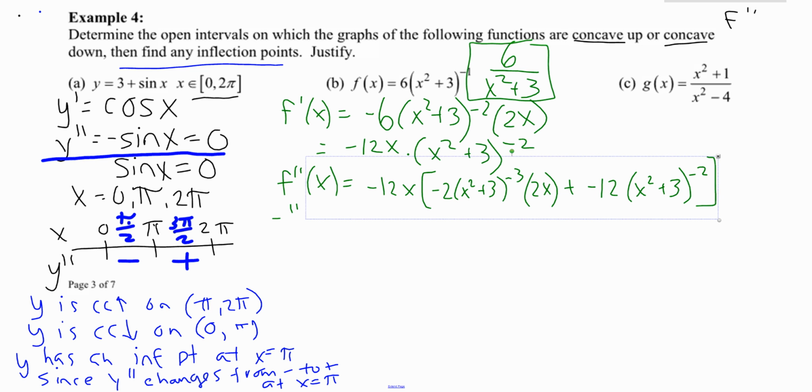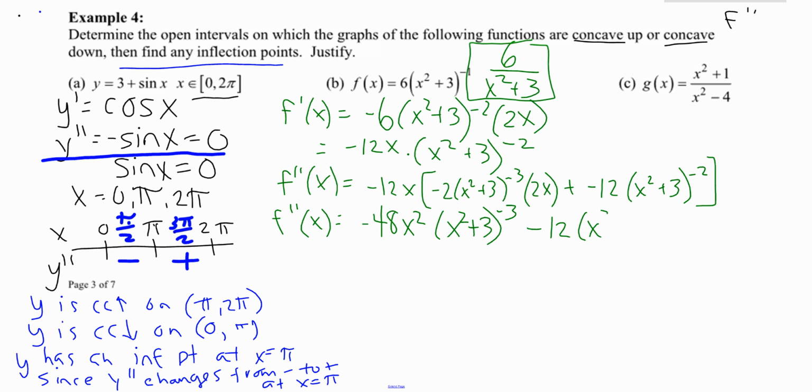Now let's clean this up a little. So we have negative, what's that, 48x squared times the quantity x squared plus 3 to the negative third minus 12 times the quantity x squared plus 3 to the negative 2.